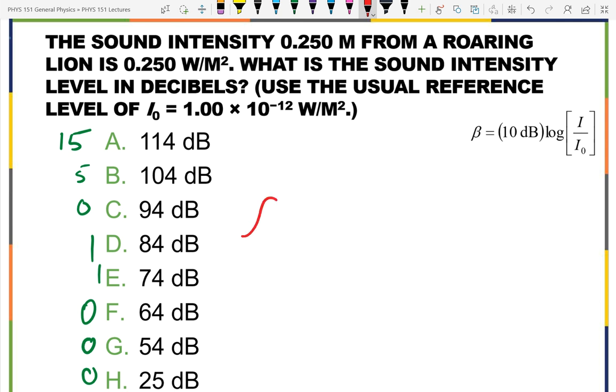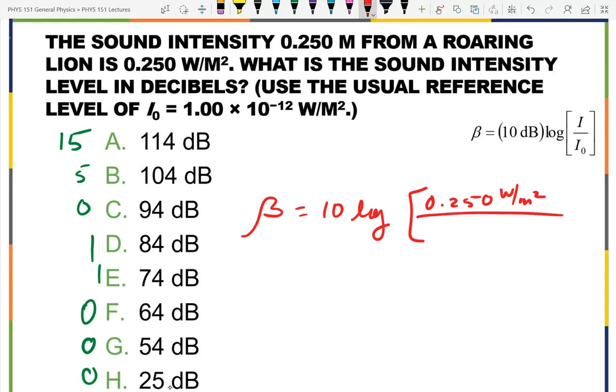So the first thing we're going to do is beta is equal to 10 log of the intensity, 0.250 watts per meter squared, divided by a reference intensity, 1.00 times 10 to the minus 12 watts per meter squared.